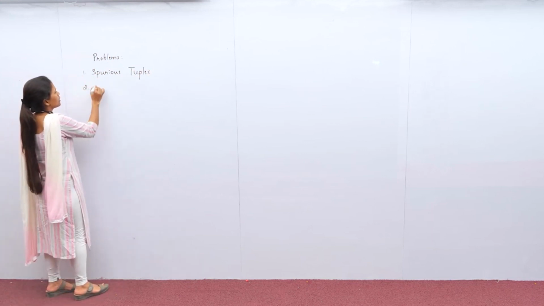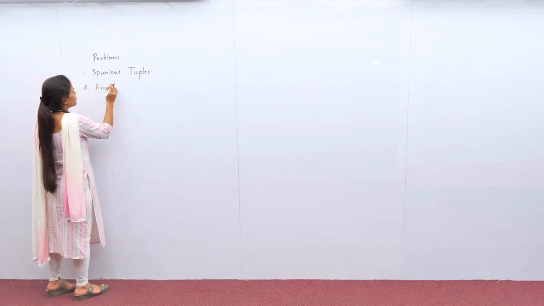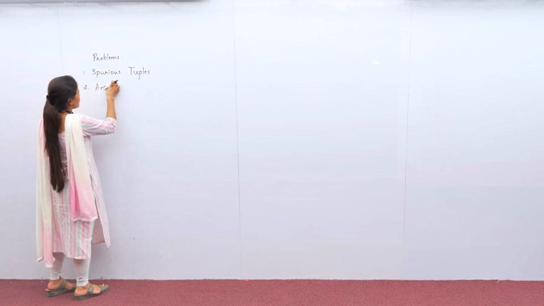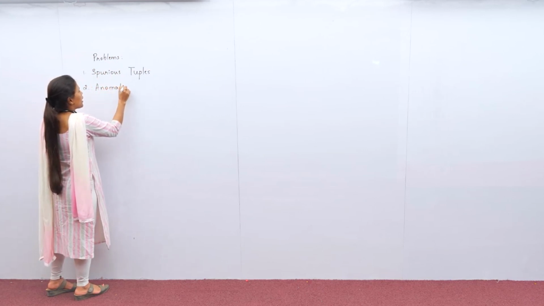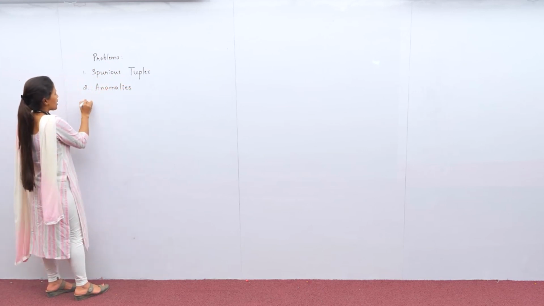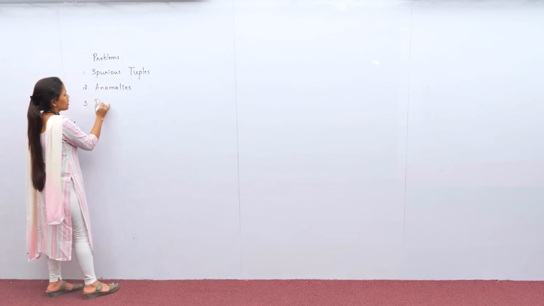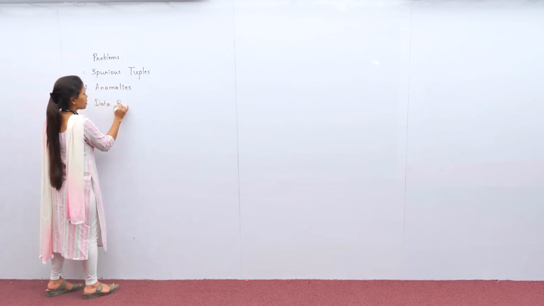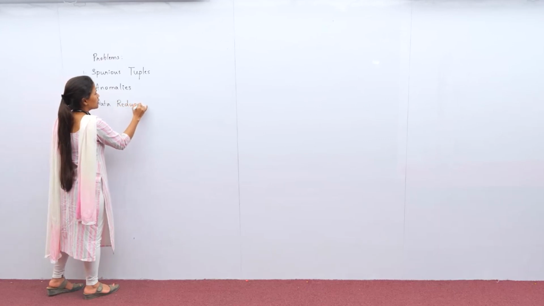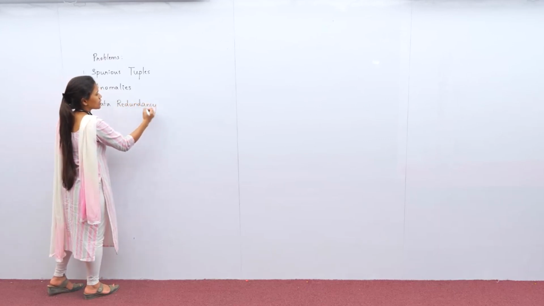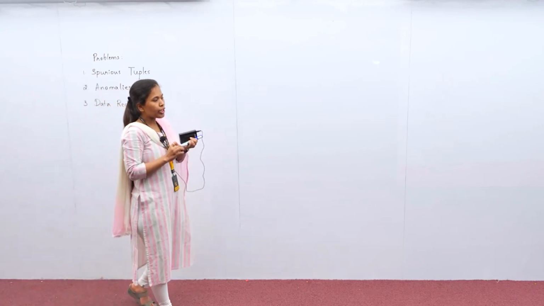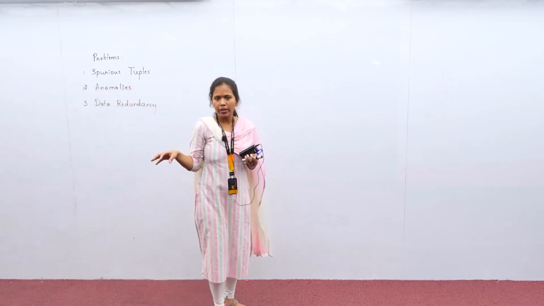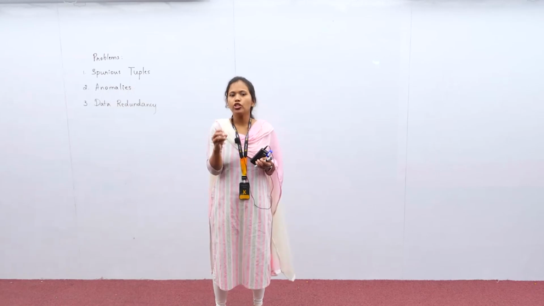Another thing is something called anomalies. And the third problem happens to be data redundancy. All these are the problems. In order to overcome these three problems, we are going to perform the normalization process.